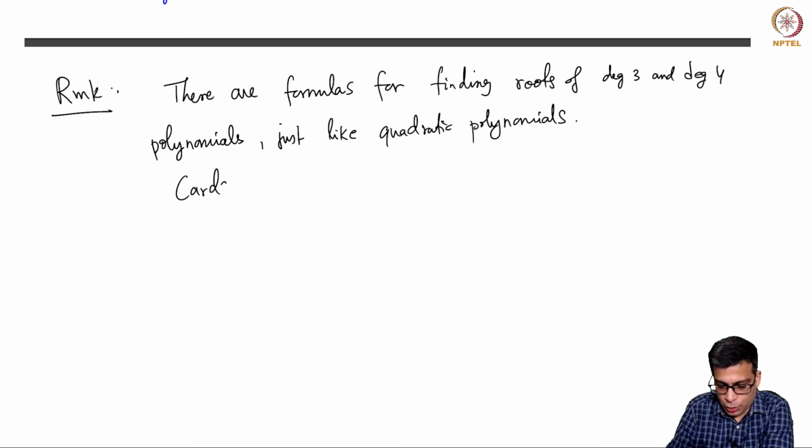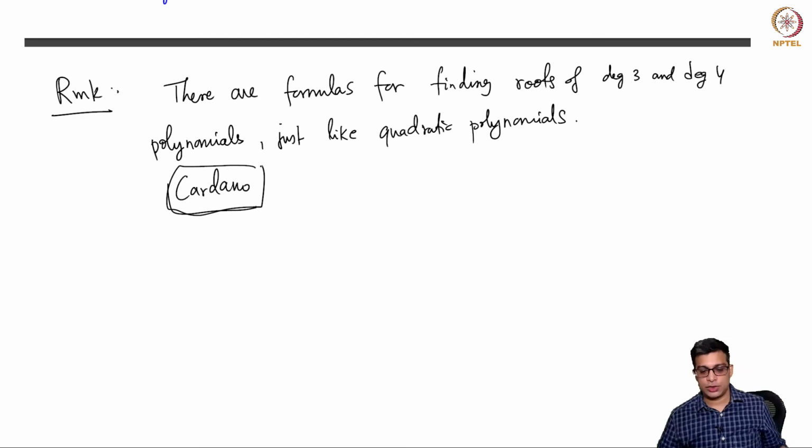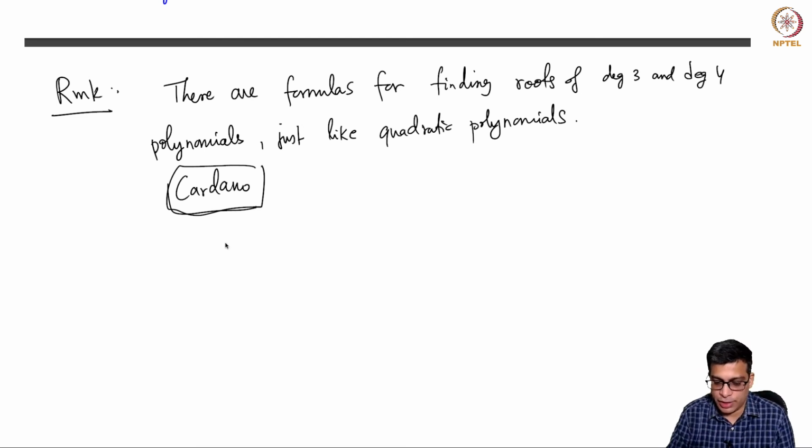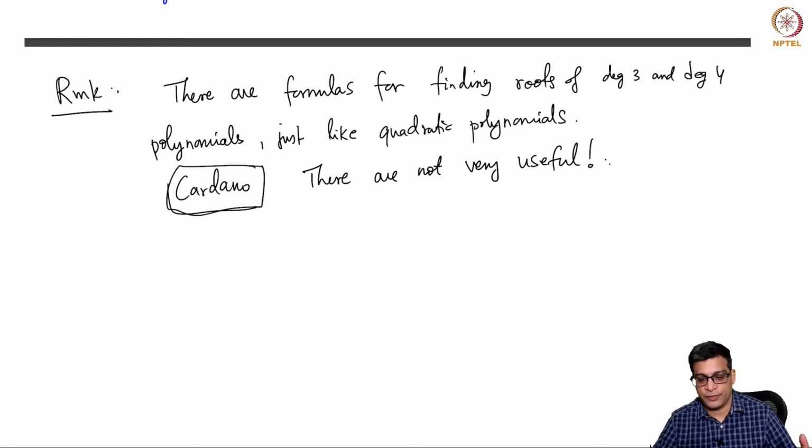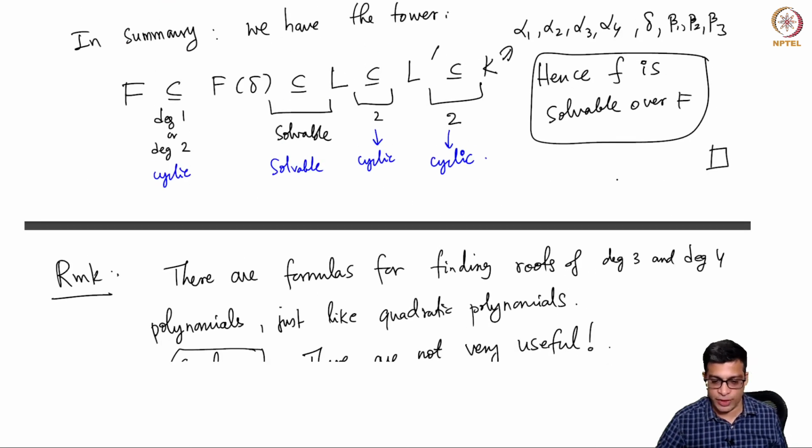The name that you see here is an Italian mathematician called Cardano. If you search in various books or on the internet, you will find that Cardano gave formulas for degree 3 and degree 4, but these formulas are not very useful because there is a lot of ambiguity about which roots you have to take when you take fifth root, third root, fourth root. So there is some ambiguity and hence they are not very useful.